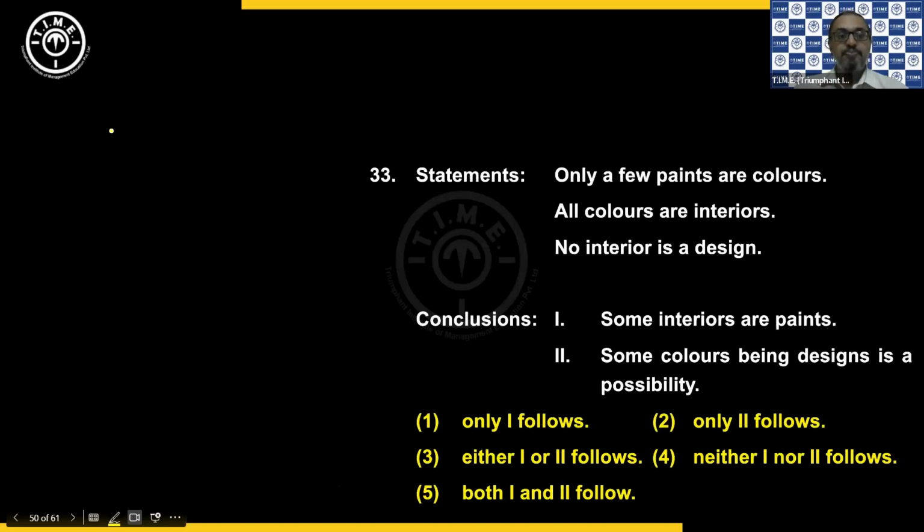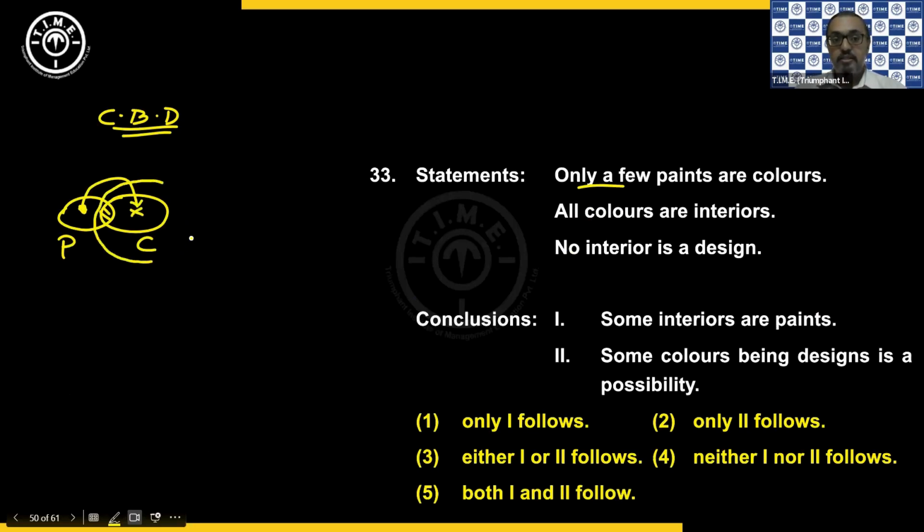Yes. Now here, again, let's draw the combined diagram for the statements. Again, he says only a few paints are colors. So there should be some paints never inside colors. Then we have all the colors are design interiors.